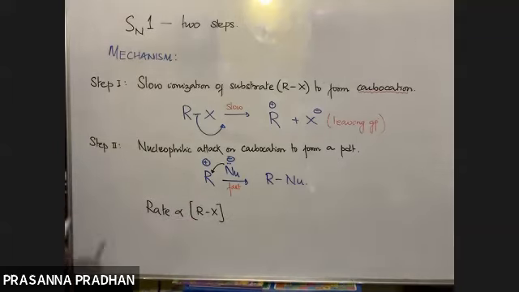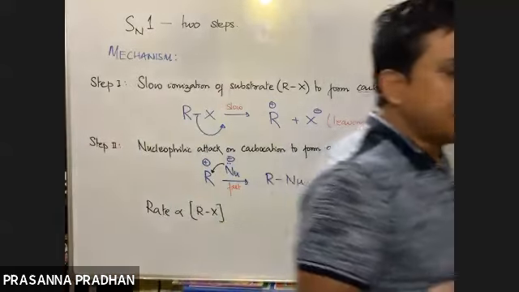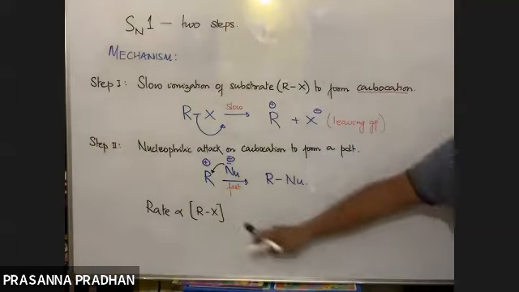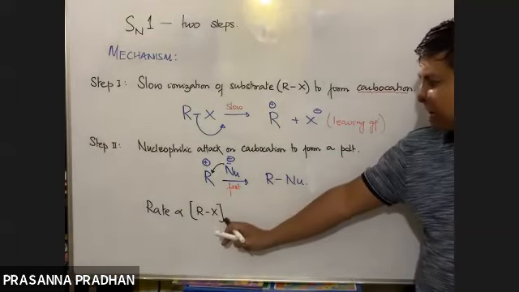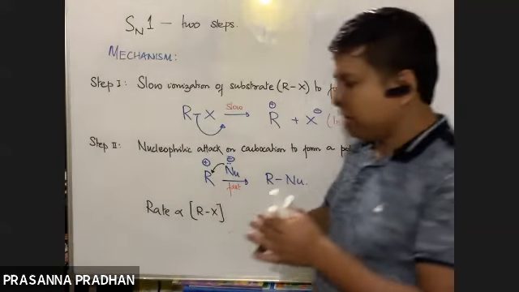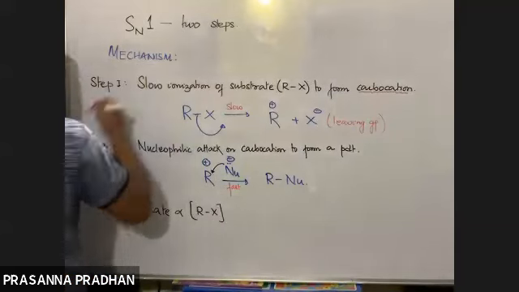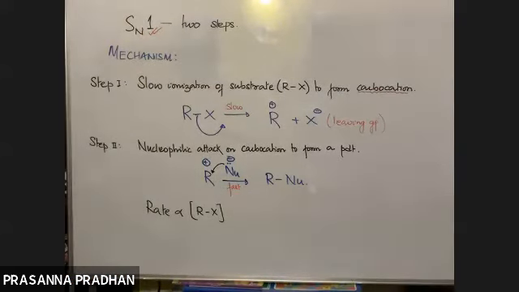Since only one reactant is involved in the rate determining step, this reaction is known as a substitution nucleophilic unimolecular reaction.